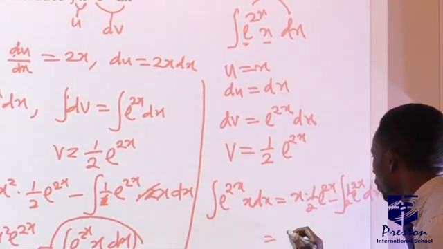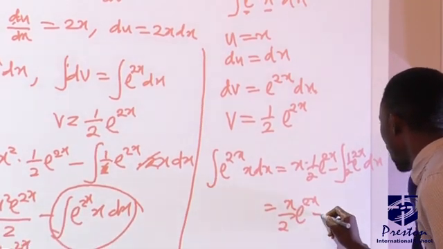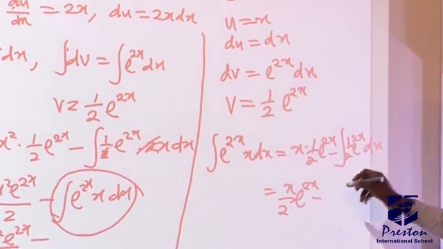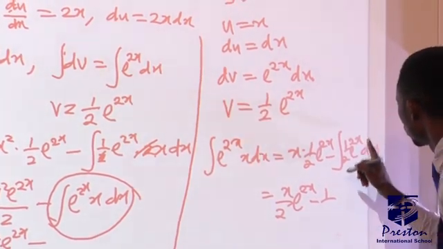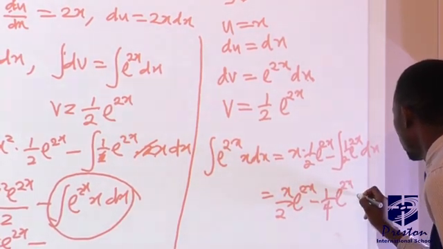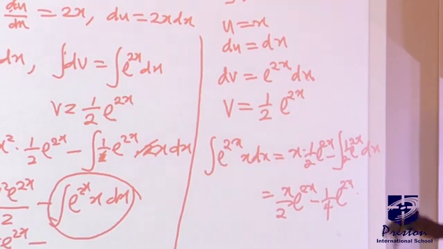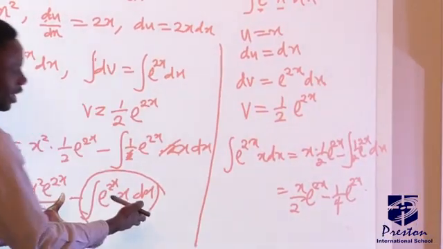At this point you agree with me that this will give us x over 2 e to the 2x minus, when we integrate this, 1 over 4 e to the 2x. And at that point, we take the whole of this and return it back here.